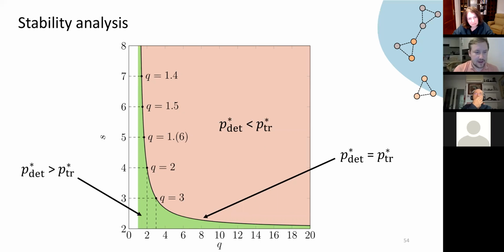So when the root for the determinant is smaller than the root for the trace, then my region for which I will switch from unstable to stable solution, the so-called lower spinodal, will be given by this pink region. So basically, if I am in the pink region, the lower spinodal is given by the P star trace, but when I'm in the green region, the lower spinodal is given by P star determinant, in fact.